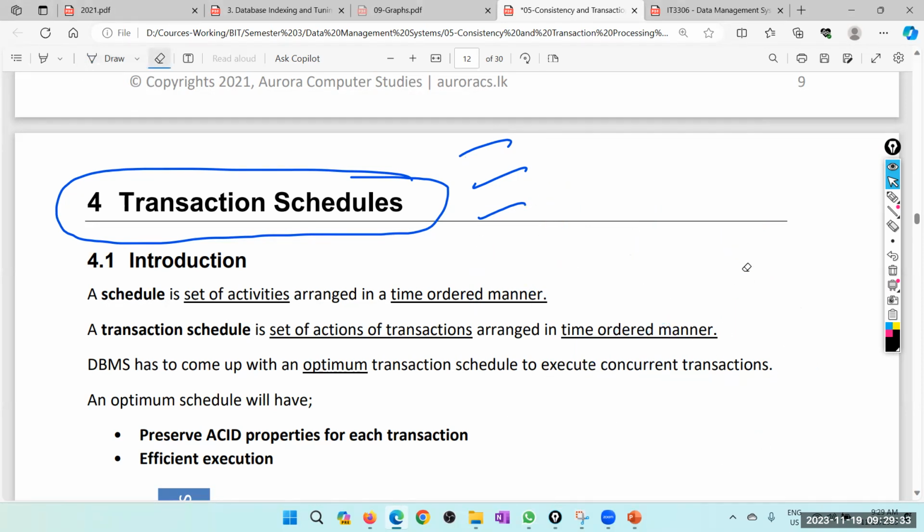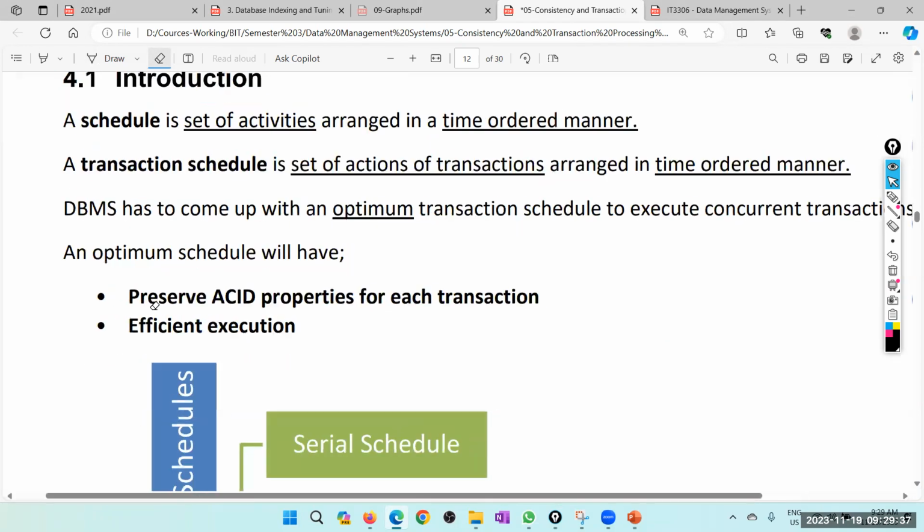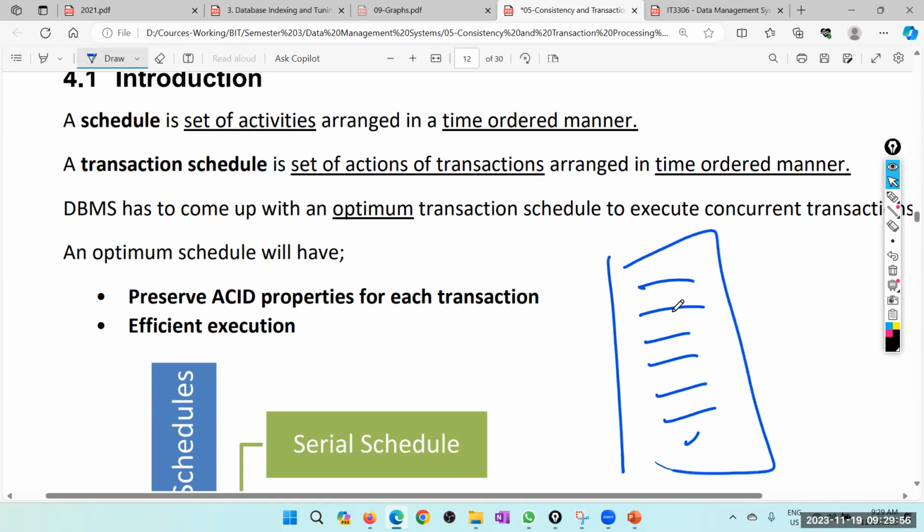Right. So first we have to become familiar with a few terms. The first term is schedule. It's just a general term. A schedule is a set of activities arranged in a time-ordered manner. For example, a schedule for a program, a schedule for an event. First this is done, then this is done, and so on. Definitely we need a sequence.